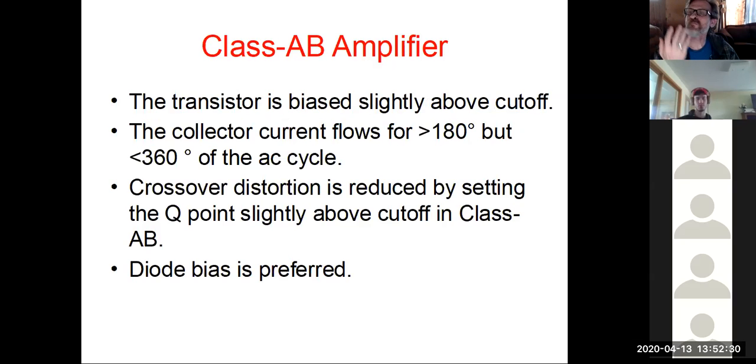So now the actual beta of the transistors is going to come into play. And if you remember, beta dependency is not always a good thing. But by setting our ideal Q point in this case, we try to eliminate some of that crossover distortion. And in fact, this is kind of unique.